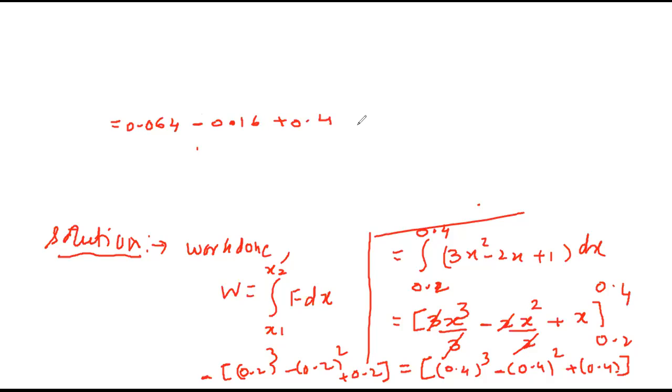Now the minus part. Minus 0.2 cube is 0.008, 3 digits. Minus minus plus 0.04. Minus plus minus 0.2. All the plus ones I am adding first, and then all the minus ones, and then the final. Sir, that 0.064 will also be, after that also it will be plus, no?